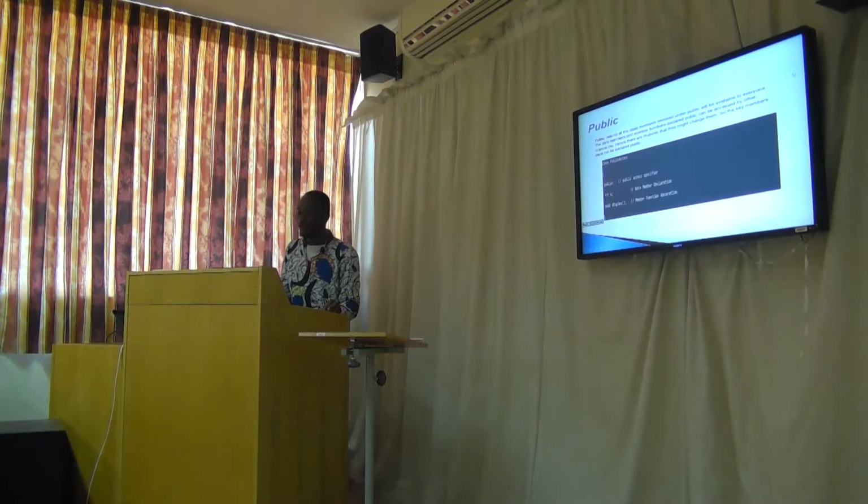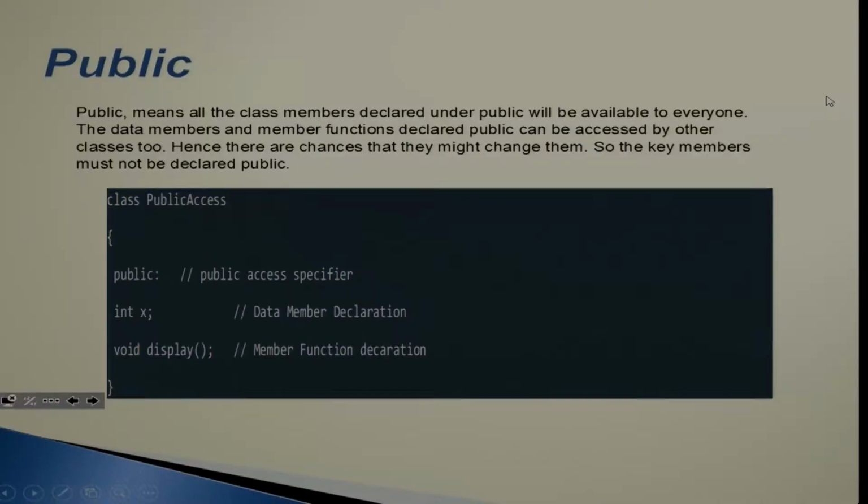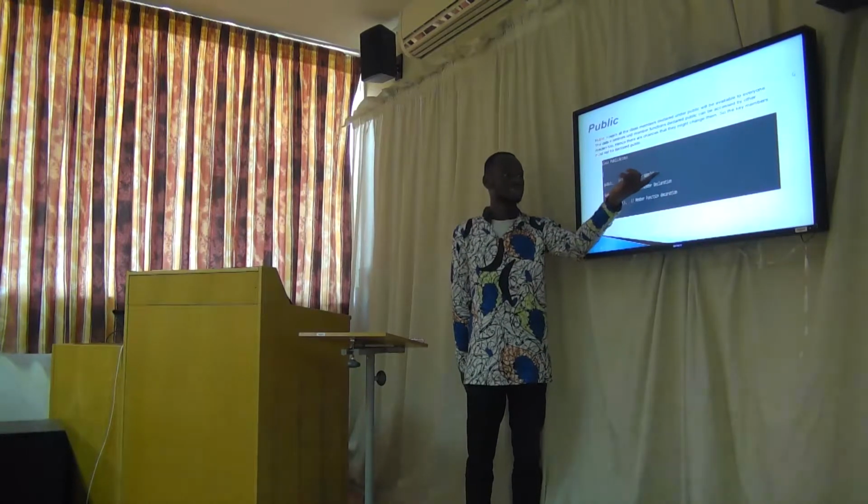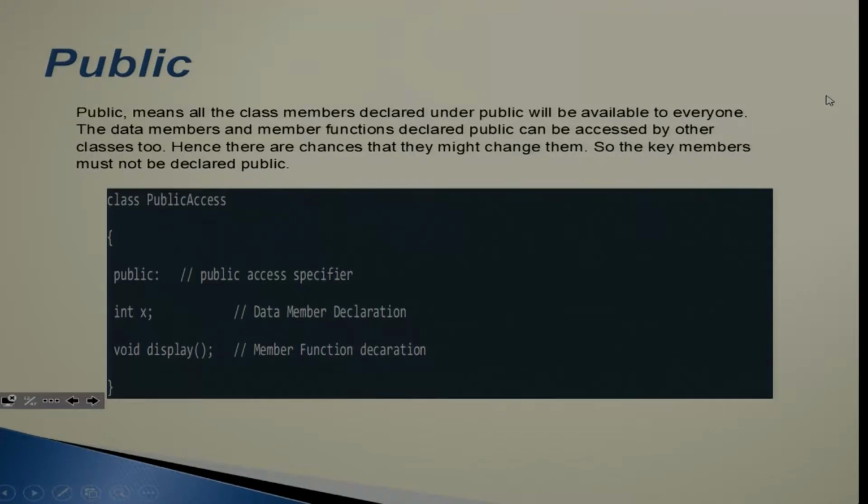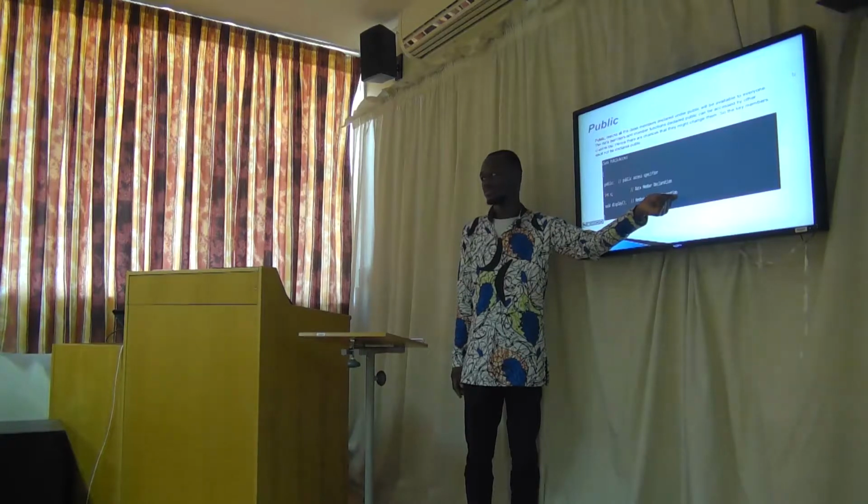So the key member must not be declared public. Those are just rules that you need to remember. This is a public access specifier that they declare here on top, right? And then this is your data member declaration. And then this is your member function declaration inside of the class, right?